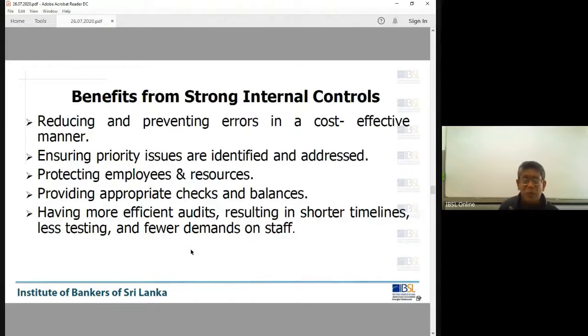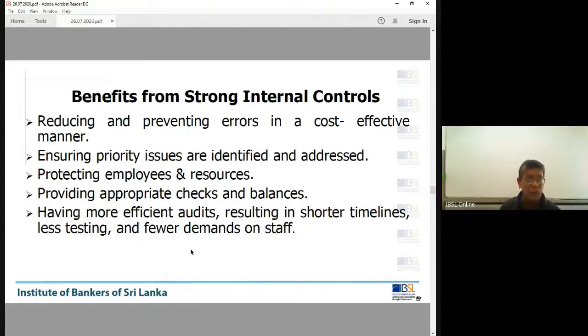What are the benefits you are going to get from strong internal control? You can reduce the risk if you have a better internal control system. So you are preventing errors. If you have to rectify an error, that means extra cost to you, so one factor is reducing cost. Second, you can address the priority.